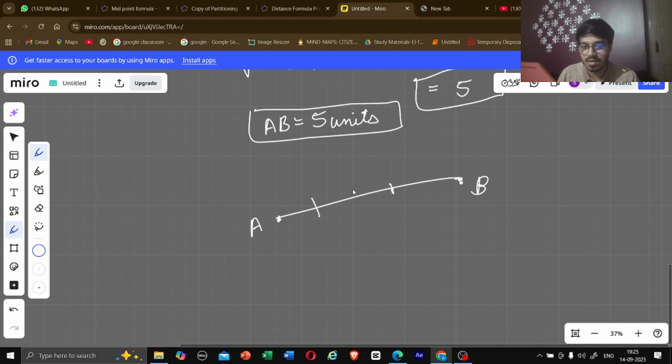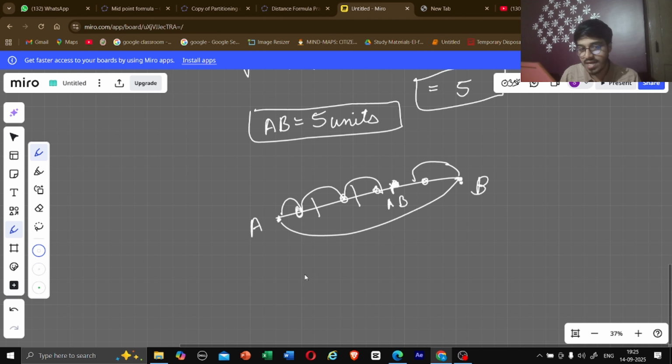1, 2, 3. So A will come here and B will come here. So they have divided this whole into 4 parts. A covered 3 parts and B covered 1 part, and they met here.